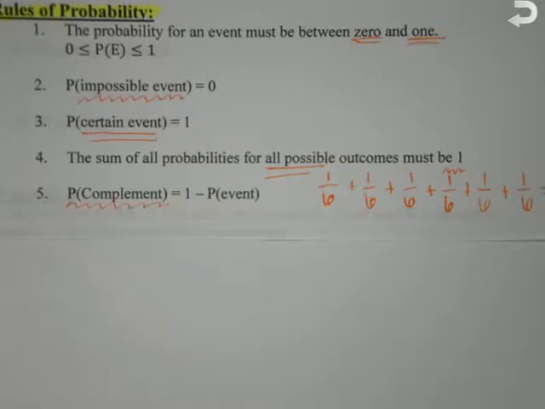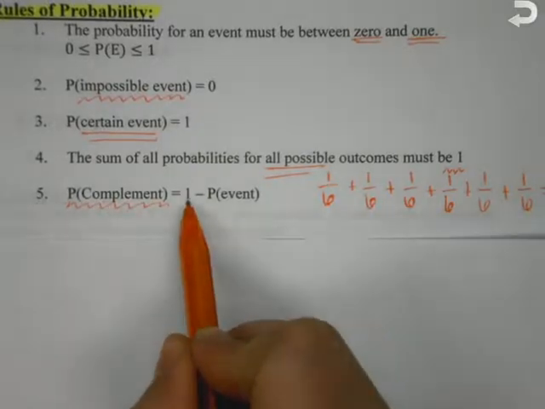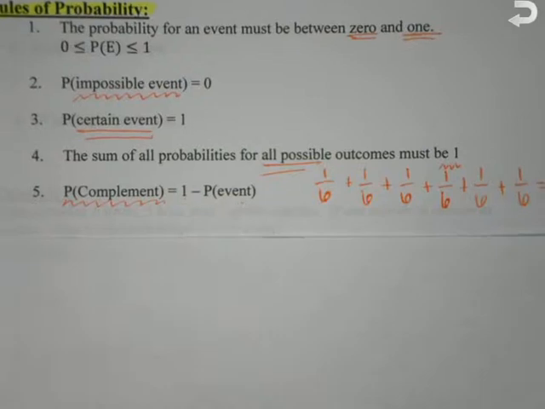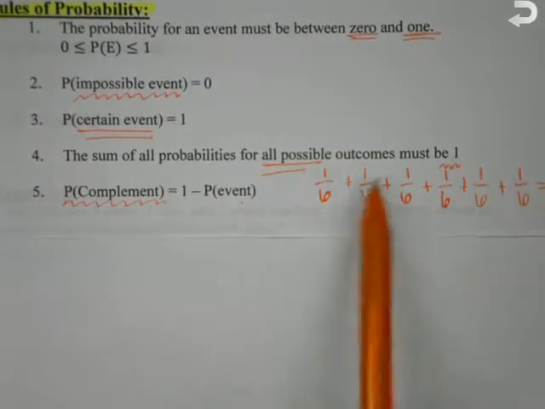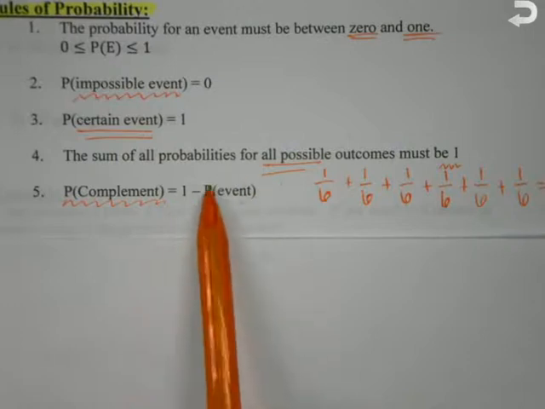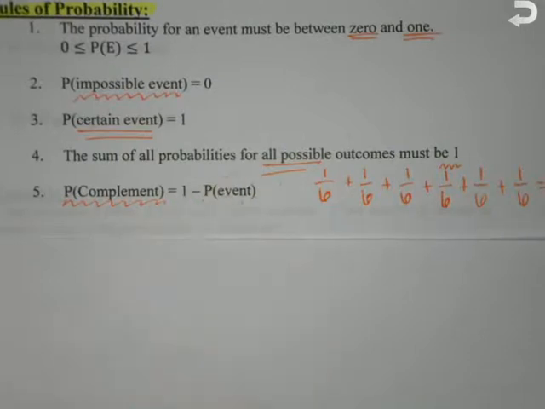So anything except what you want to happen. You subtract from 1, because they always should add up to 1 like we showed in the first one. So if you subtract the probability of the event from 1, that will give you the complement, all of the outcomes except the one you want.